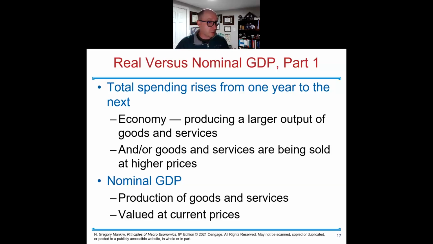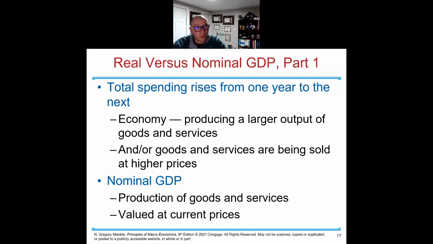Another reason why the price goes up is we have more consumers. We're consuming more. We're producing more. We're also consuming more. And inflation's there. So that's why the price goes up along with the increase in goods and services.